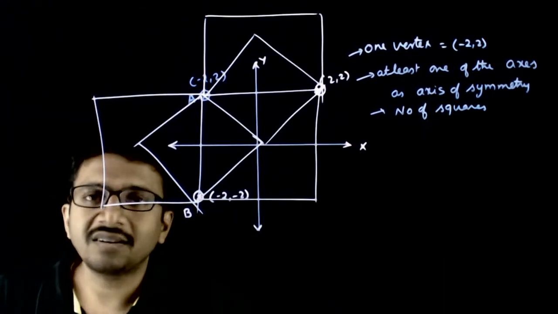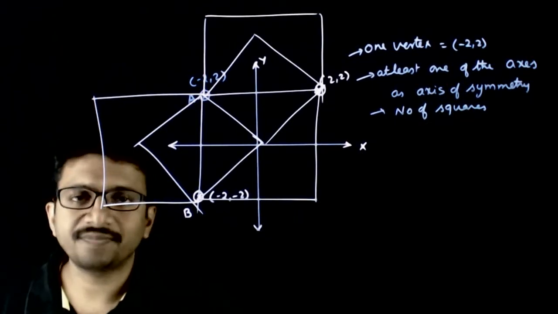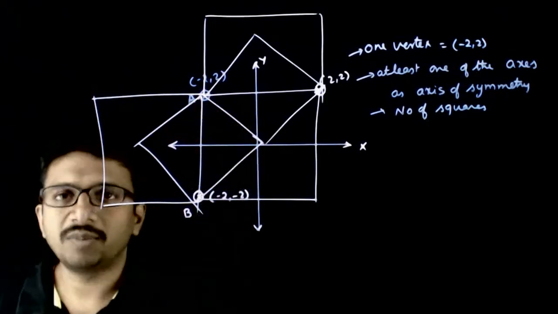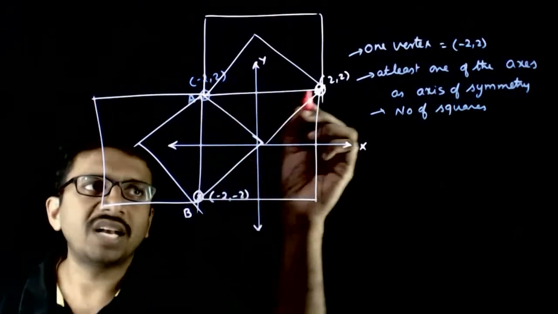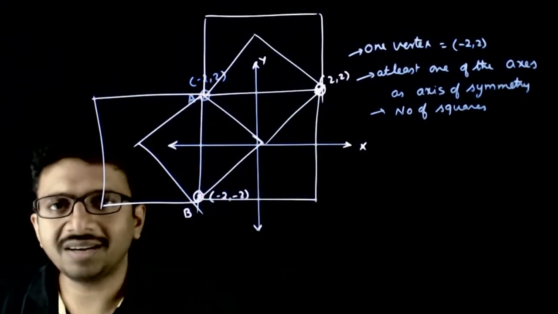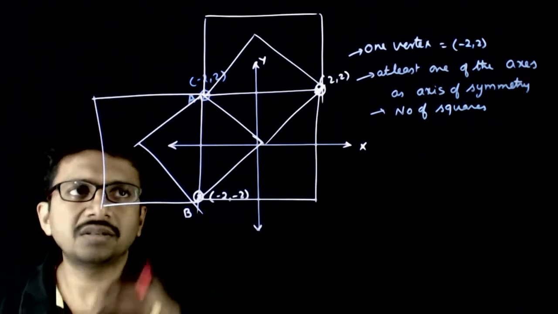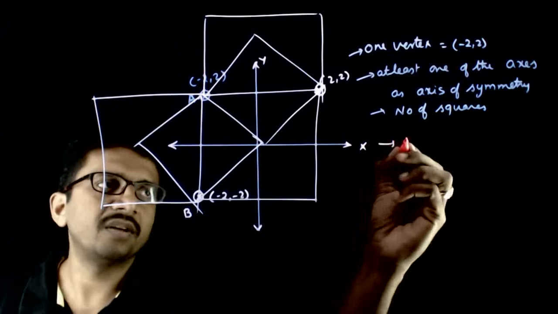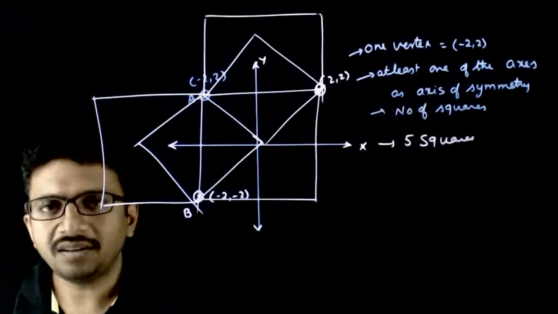Is there a square which is symmetric about both axes with a vertex at (-2, 2)? That is the same as the square that we have drawn earlier, so you won't get an additional square symmetric about both axes. So there are a total of 5 squares which satisfy the given conditions.